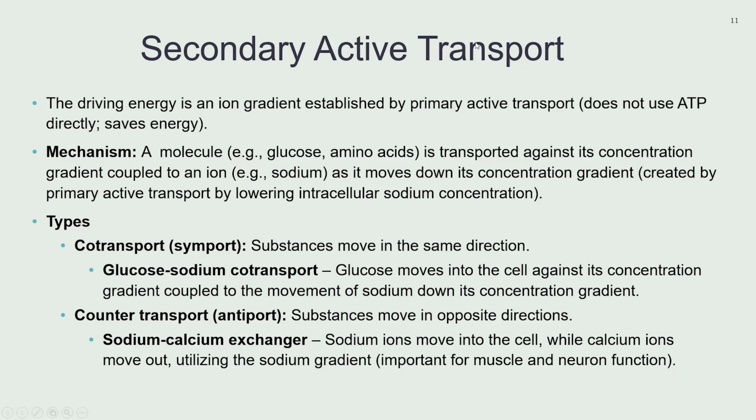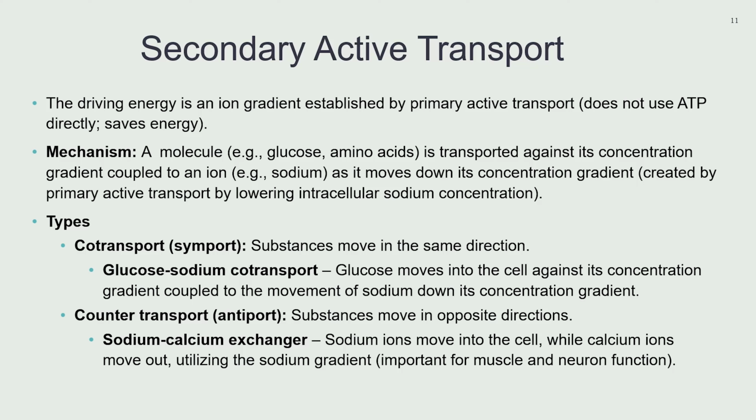Now, secondary active transport also moves substances against their concentration gradient, but not directly using ATP, but using the concentration gradient that was created by the sodium-potassium pump or any other primary active transport mechanism.